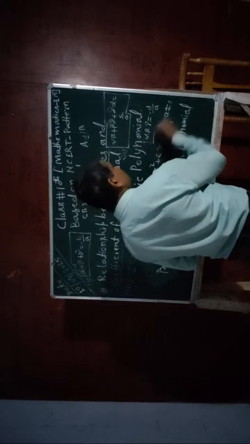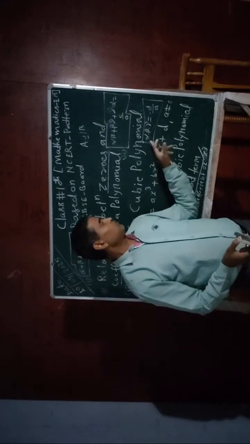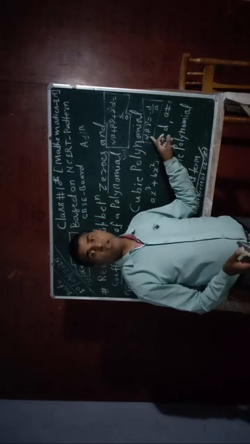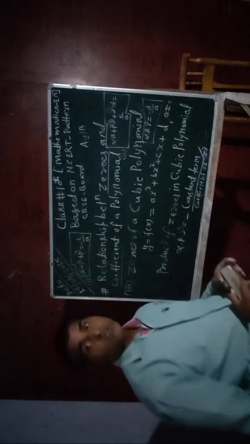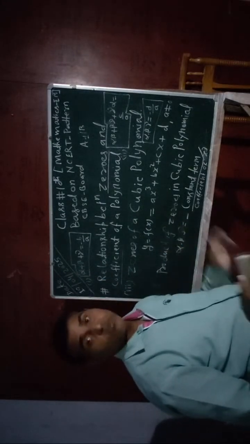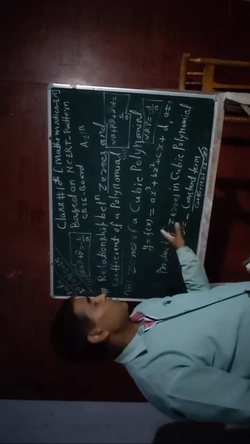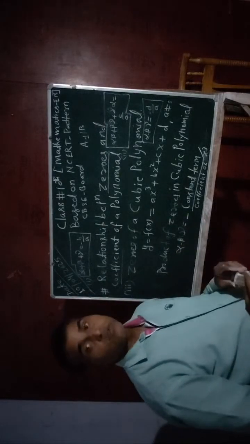I am also going to write it in a rectangle box so that it is a simple formula. We have to remember this formula very well, so that when some portion is related to a cubic polynomial, we can use it and then evaluate the solutions of those numericals.